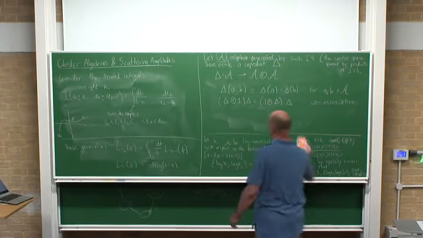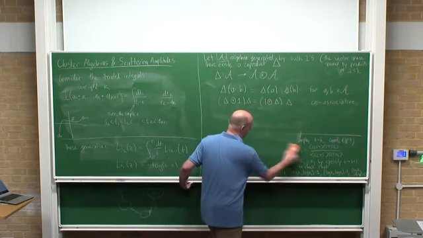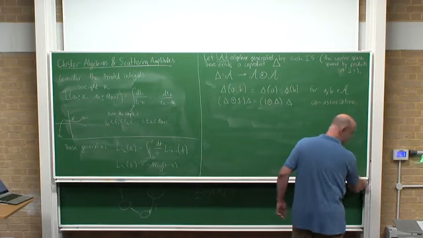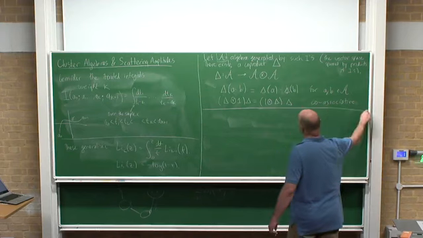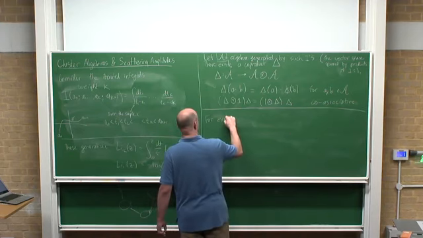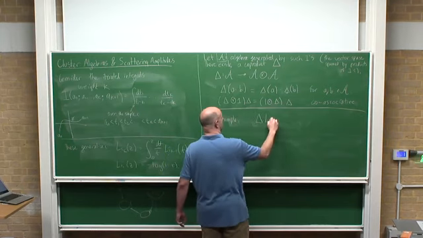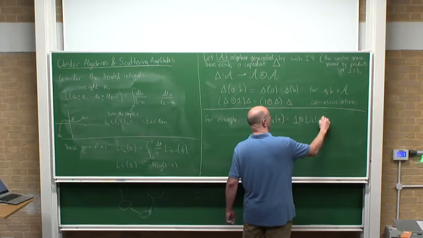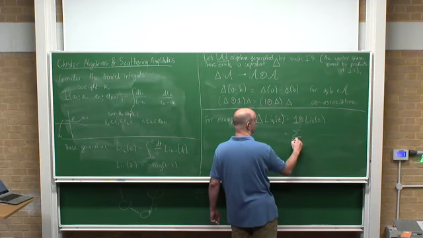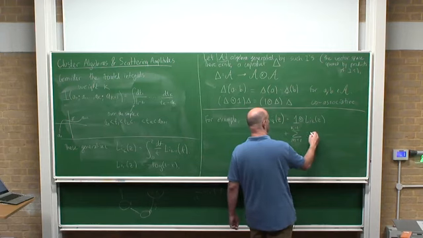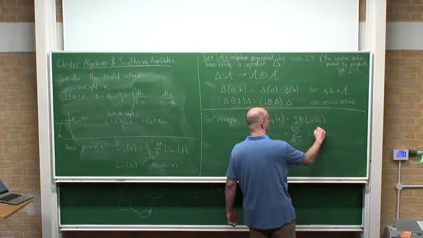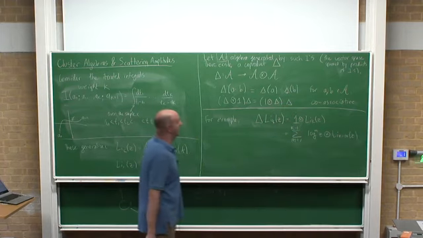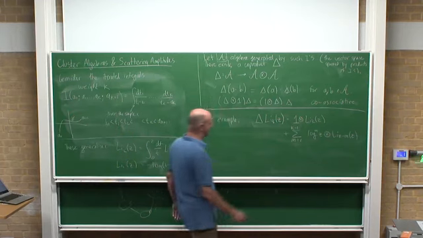There's a beautiful formula for the coproduct of a general iterated integral of that form, but in the interest of saving time, I'll just mention what the coproduct looks like when acting on one of these functions.